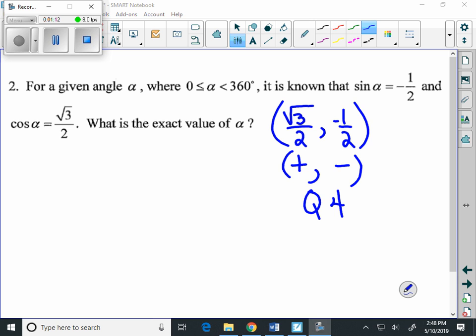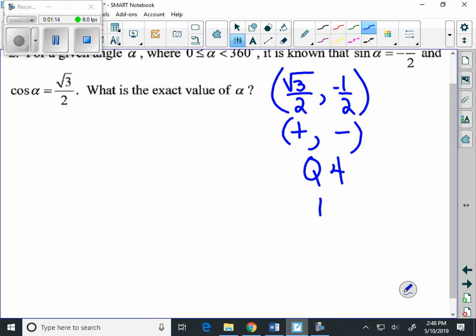Well, it's a pi over 6 angle, and actually in the fourth quadrant it would be 11 pi over 6. Does that make sense when we think about cosine of the square root of 3 over 2? And again, we're still in the fourth quadrant, and cosine of 11 pi over 6 does equal the square root of 3 over 2. So this is going to be 11 pi over 6.